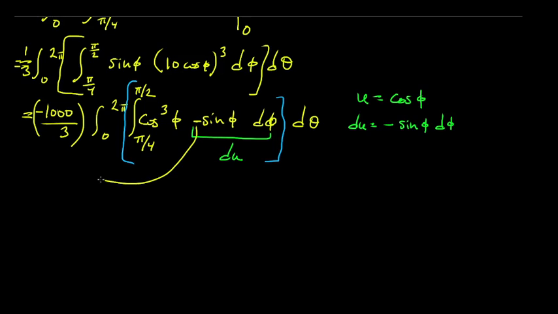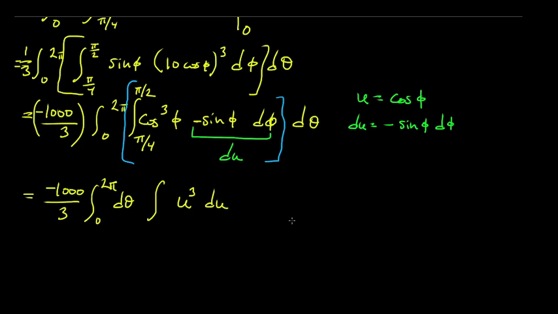See what I did? I put the negative sign all the way out here. That gives us the negative 1,000 over 3 on the outside. Again, my temptation is just multiply by 2 pi here, but I'll hold off on that. So the integral will be u cubed du.